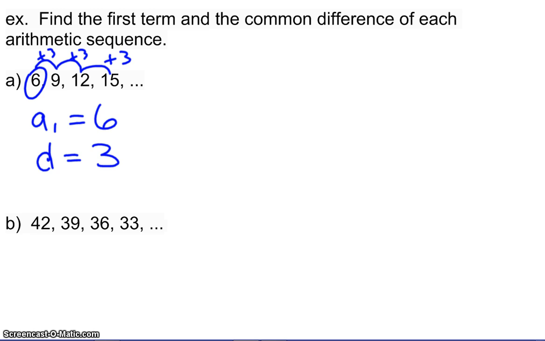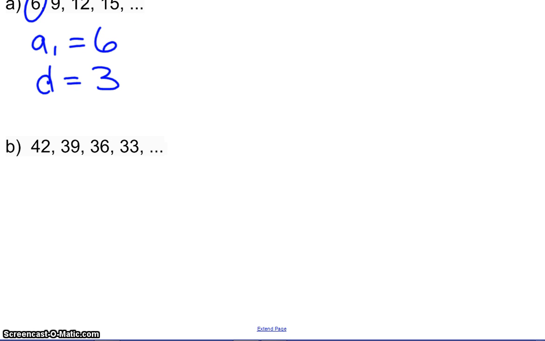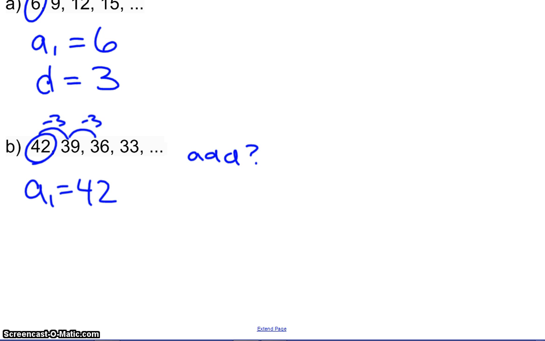As we move on to the next one, a similar type of problem, our first term is 42. What are we adding to get to the very next term? We're adding negative 3, negative 3, and negative 3. So in this case, our common difference is negative 3.